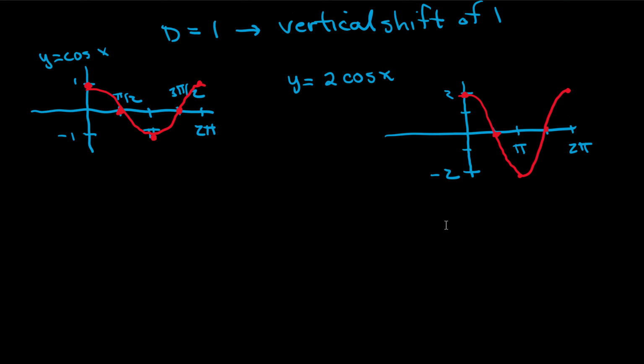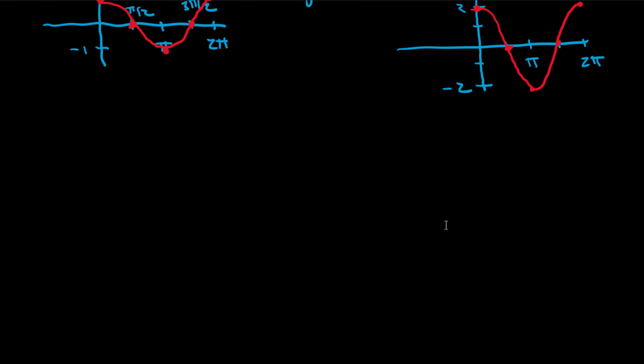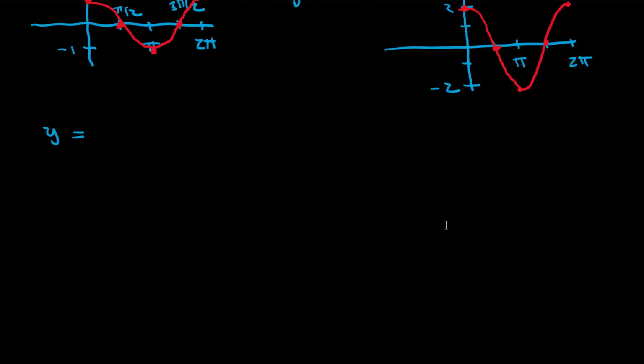The next one that we're going to wind up with is y is equal to 2 times the cosine of 4x. What the 4 actually does is it causes the graph of the function to go through the entire set of values 4 times faster.